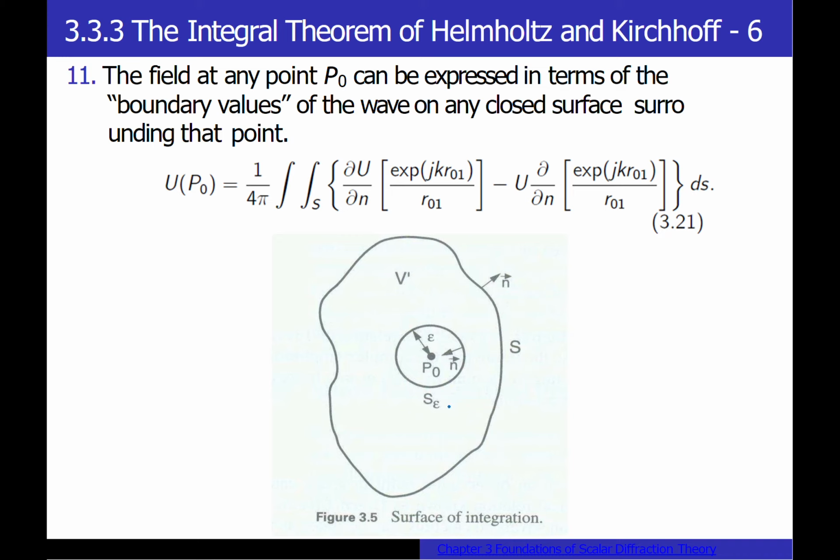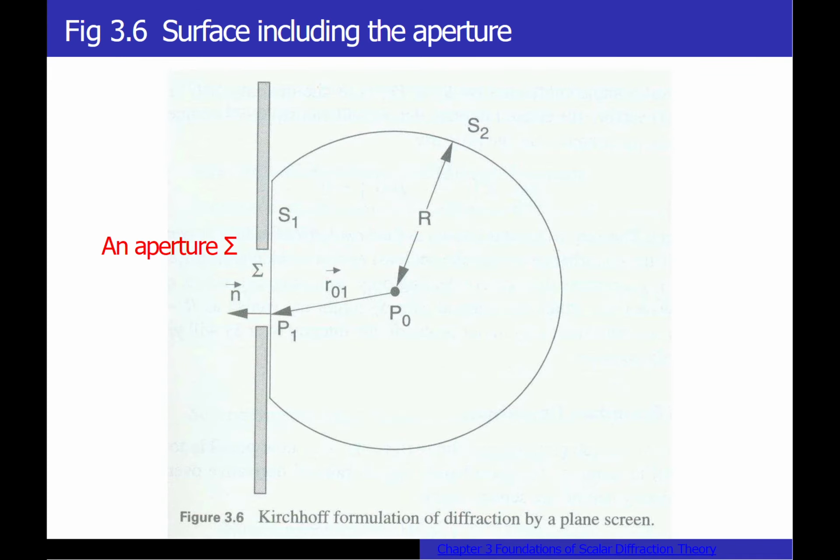So here is the case. This is the S epsilon, and the B prime, and this is what we have found here. Now it's time to change our S like this. This is our P0, and this is the screen. That means there is no field behind, and there is an aperture. So in this case, we have S1 and S2.